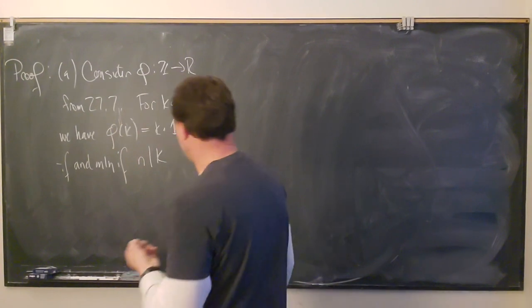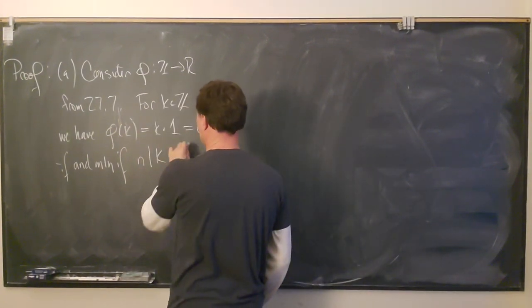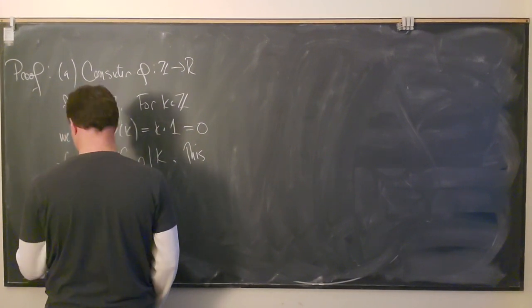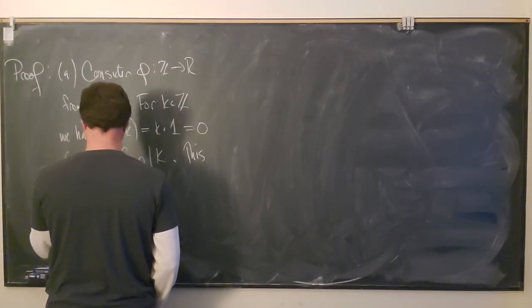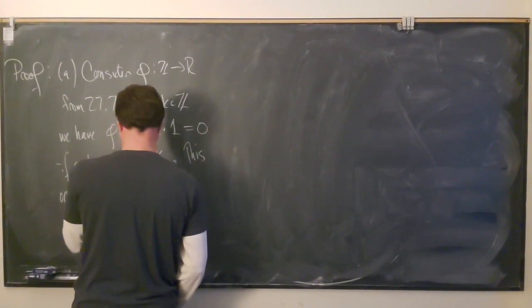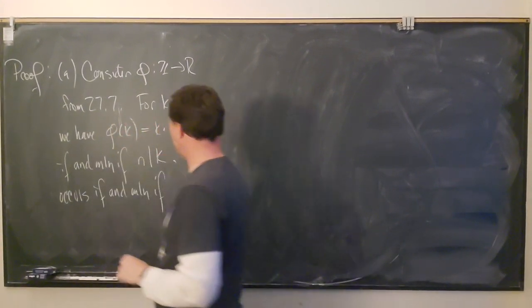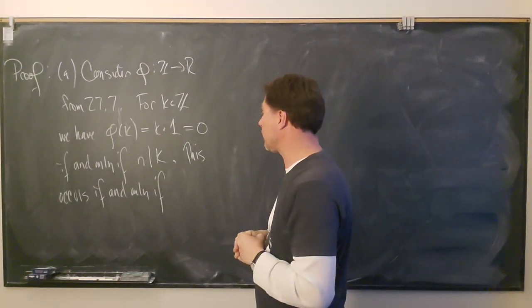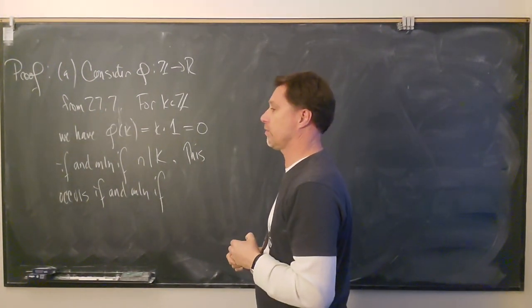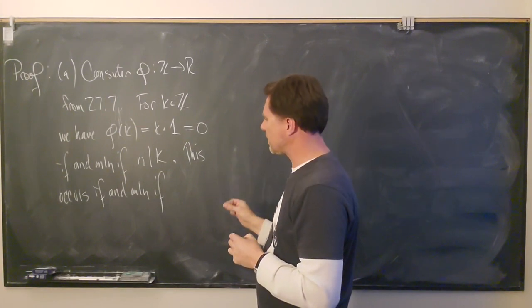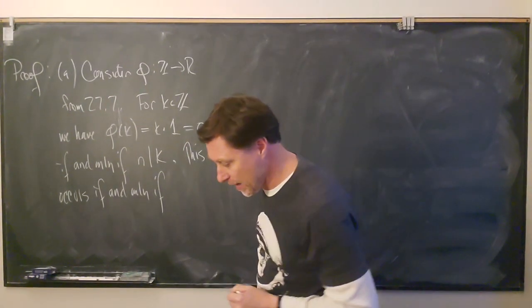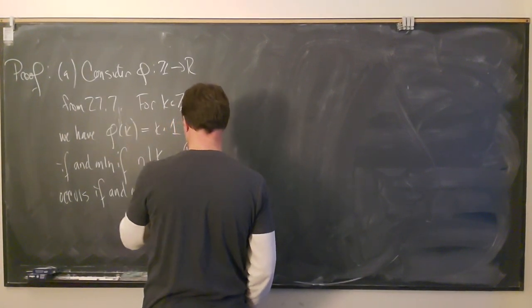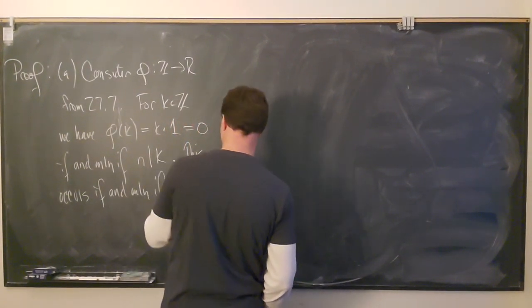So what does it mean for k to be a multiple of n? How would we say that ring theoretically? That would be if and only if k is an element of the ideal generated by n.